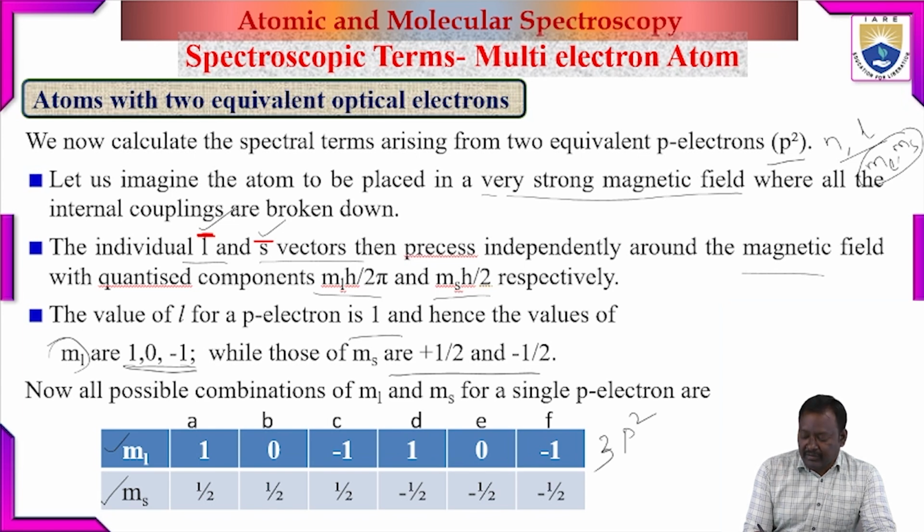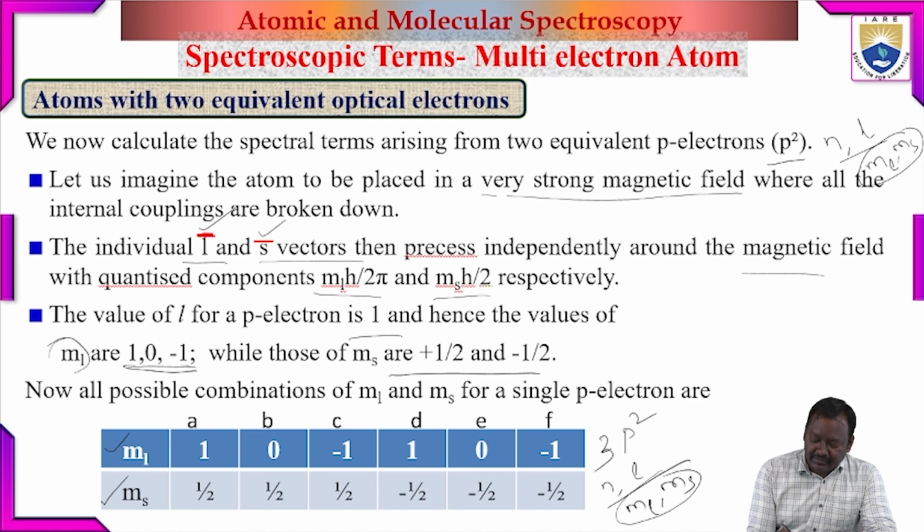So the n value is the same and the L value is the same for the two electrons. To satisfy Pauli's exclusion principle, the ml value and ms value must be different for those two electrons. So these are the possible combinations.